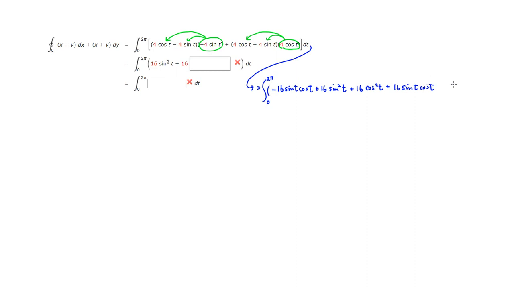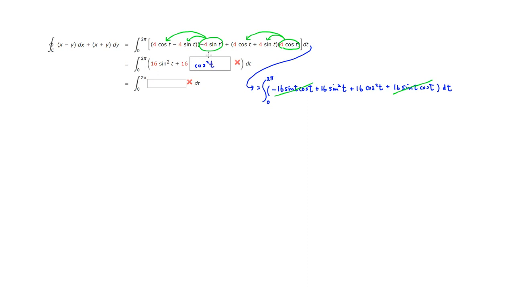Then we have dt. We can see that the negative 16 sine of t cosine of t cancels with the positive of the same thing. We already have the 16 sine squared, and then you have a 16 cosine squared of t.